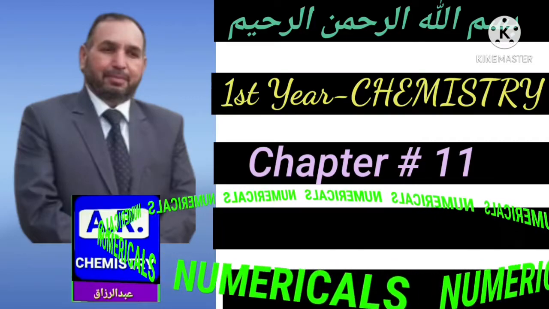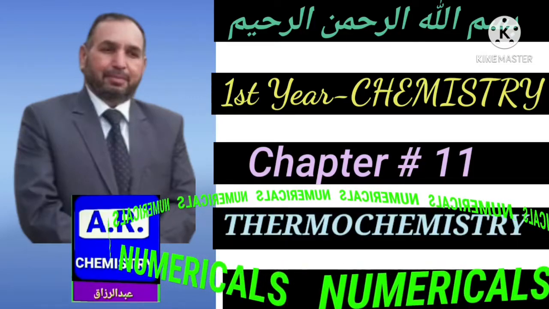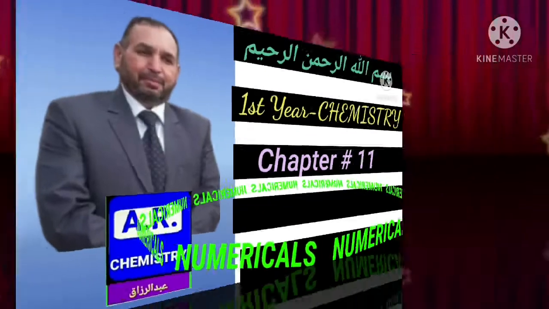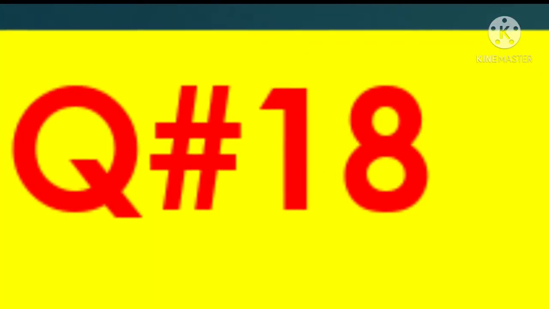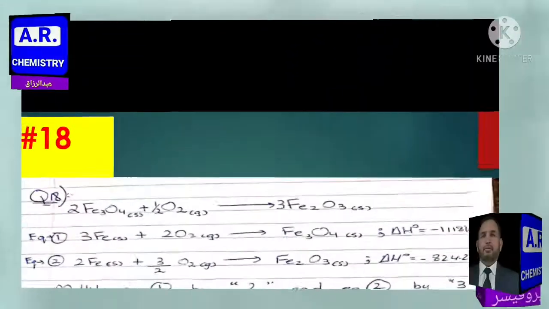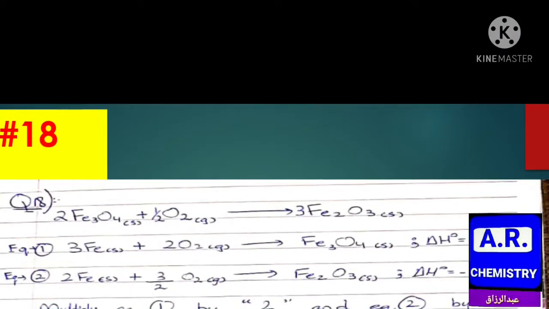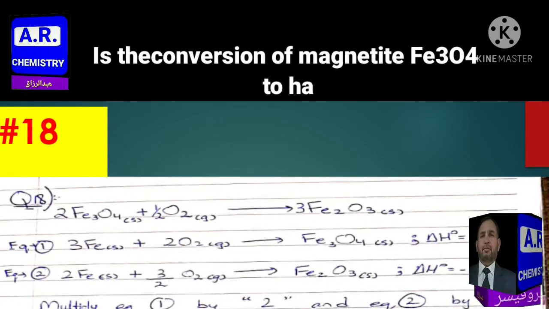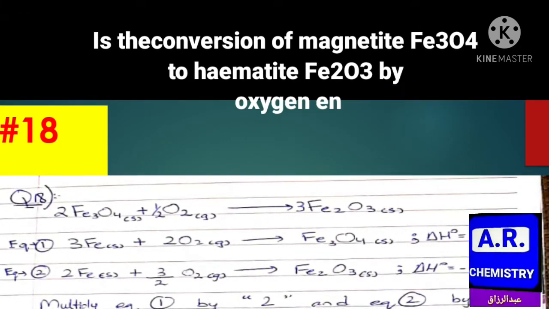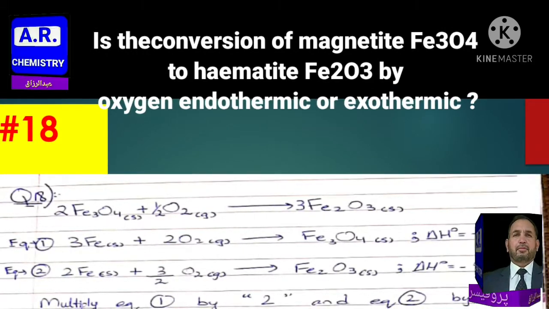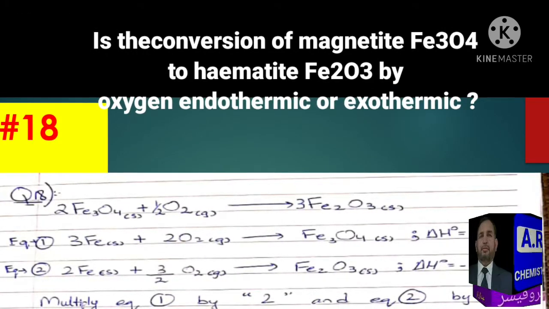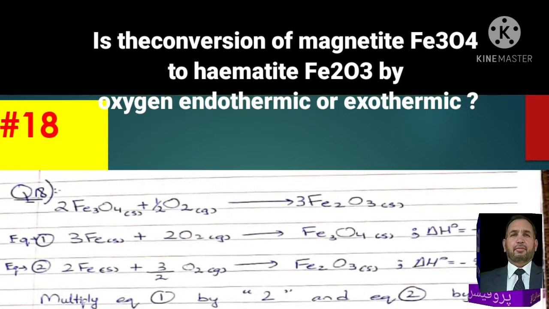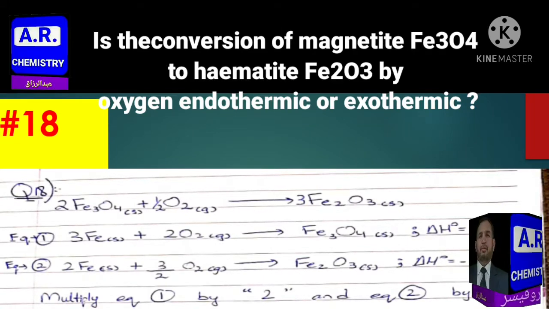Bismillahirrahmanirrahim. Today, question number 18 of chapter 11, Thermochemistry, is under discussion. This question is: is the conversion of magnetite, that is Fe3O4, to hematite, that is Fe2O3, by oxygen endothermic or exothermic?